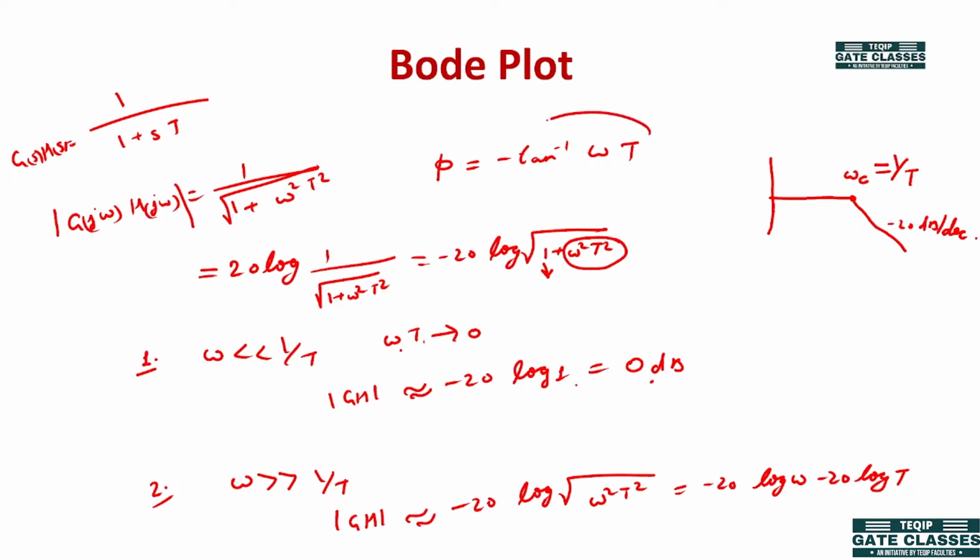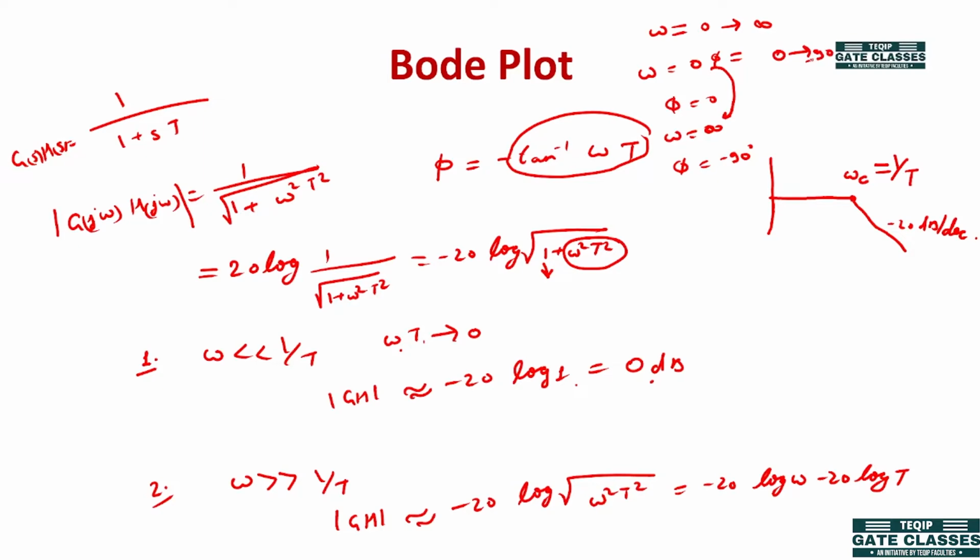And for the phase angle plot, if we put omega equal to 0, phi is equal to 0, and if we put omega equal to infinity, phi is equal to minus 90 degrees. So when we increase our frequency from 0 to infinity, our angle phi goes from 0 to minus 90 degrees.